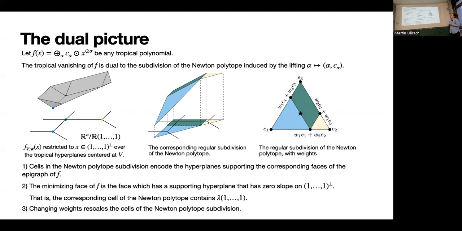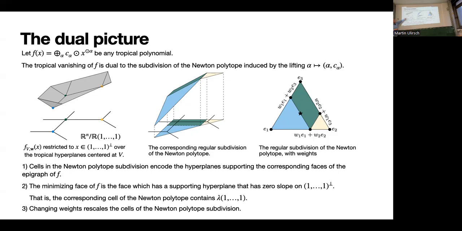Okay, this first picture will work for any tropical polynomial. And then this last picture is specific to this example that we're looking at, with a product of tropical linear equations. If we look over here, this gray picture is the graph of f when it's restricted to x being in this space that's perpendicular to the all ones vector.